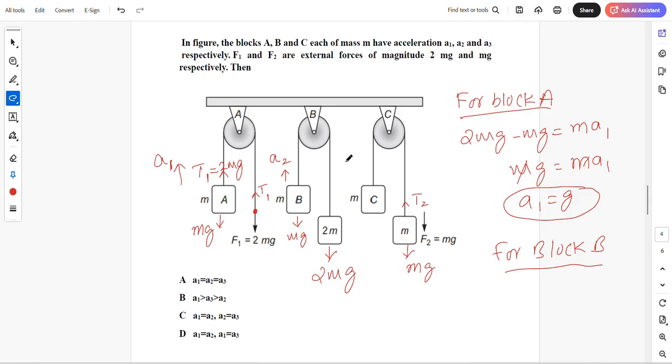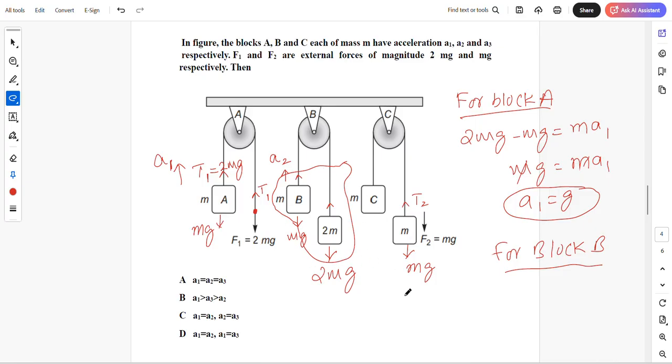Now use system boundary. If I use system boundary, see here, this tension will be there here. Again, this tension will be there. These two internal tensions will get cancelled. What I will be getting?